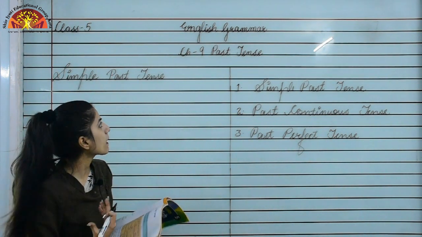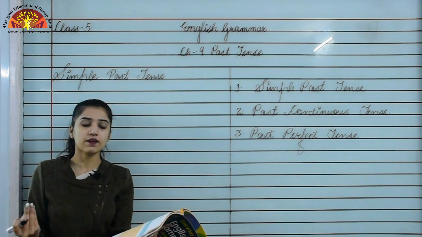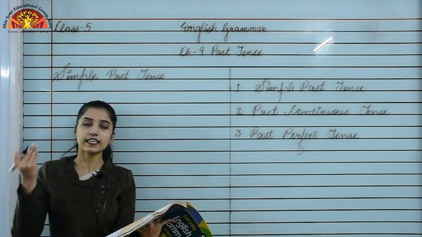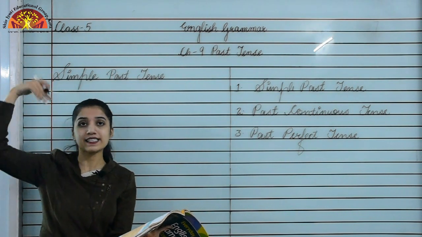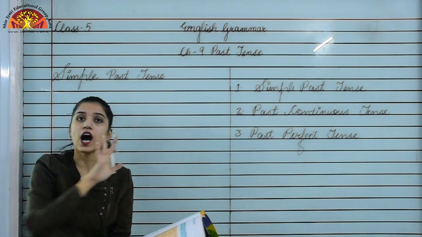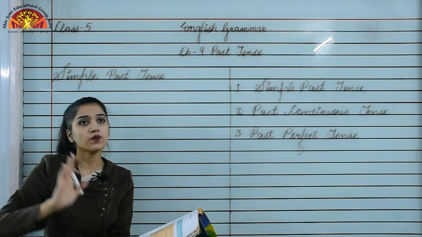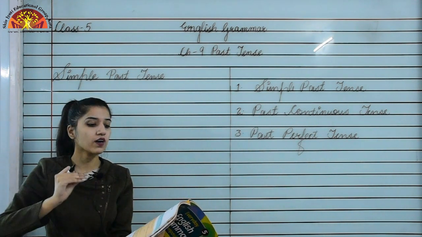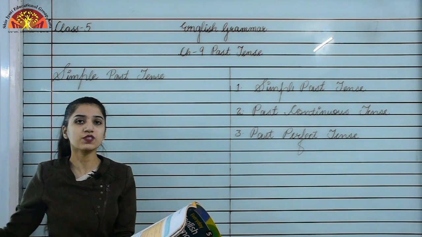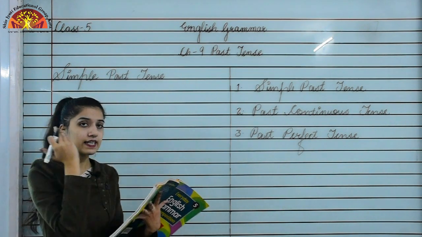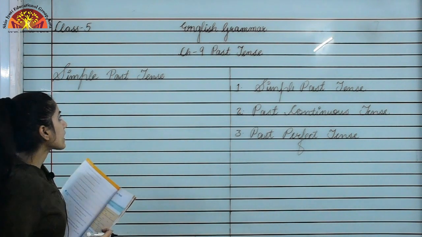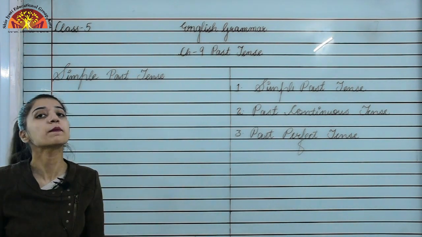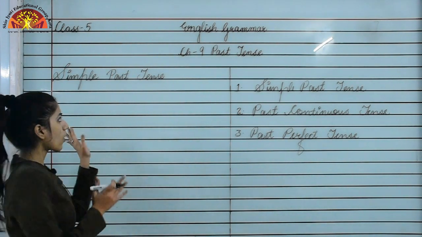It is just a simple thing: it is indicating an action that had taken place in the past and is now over. जो काम, जो चीज, जो action past में हो चुका है, it is indicating that action. I am writing the structure for simple past tense on the board.